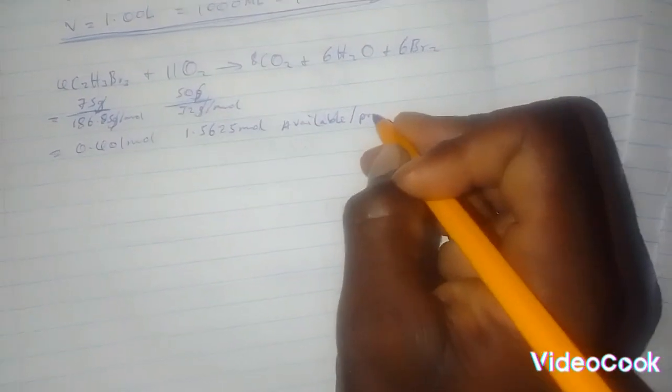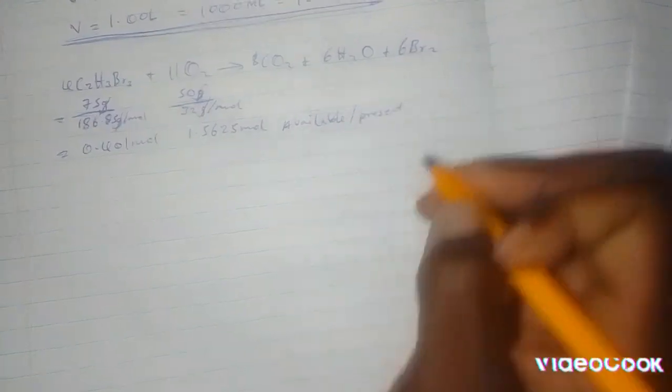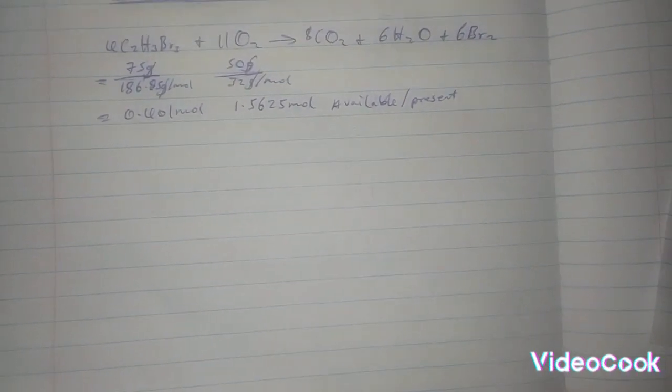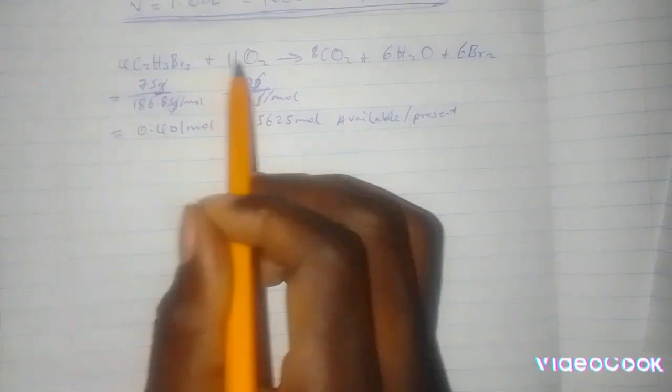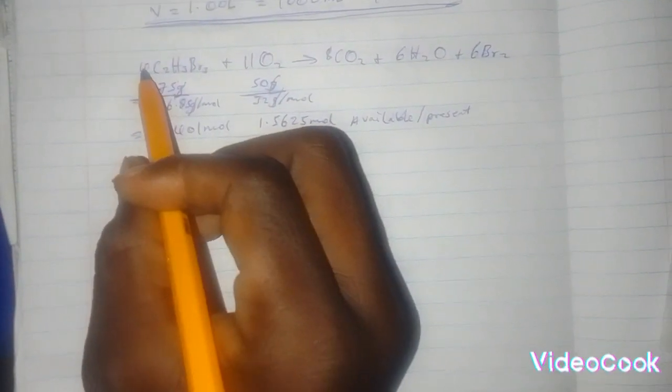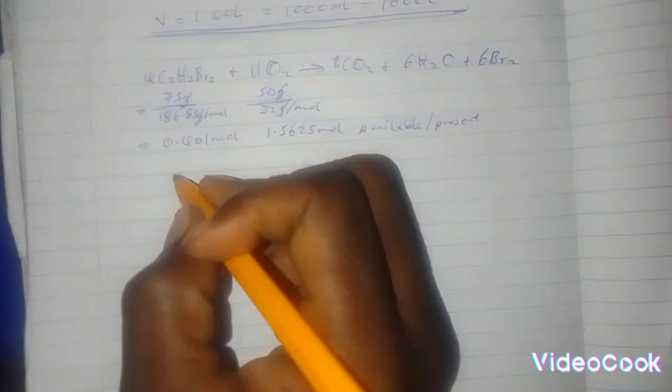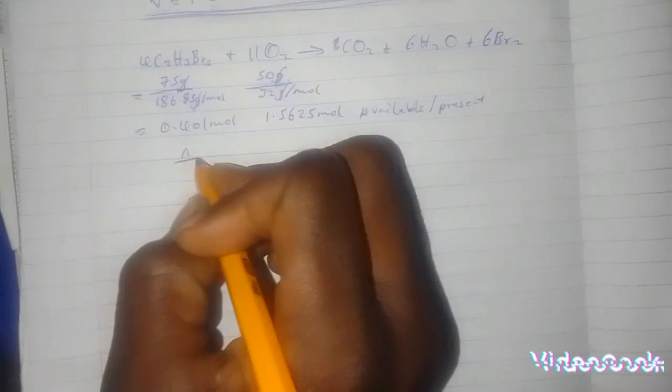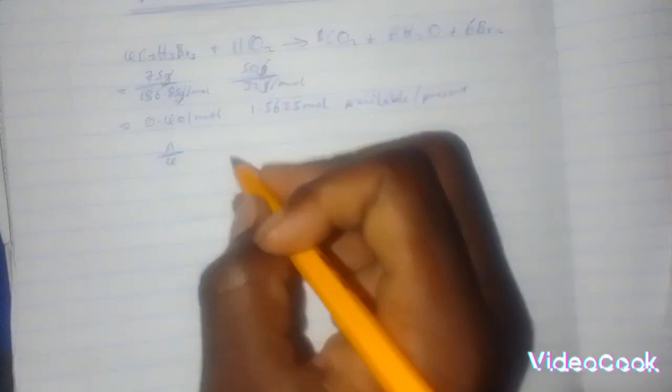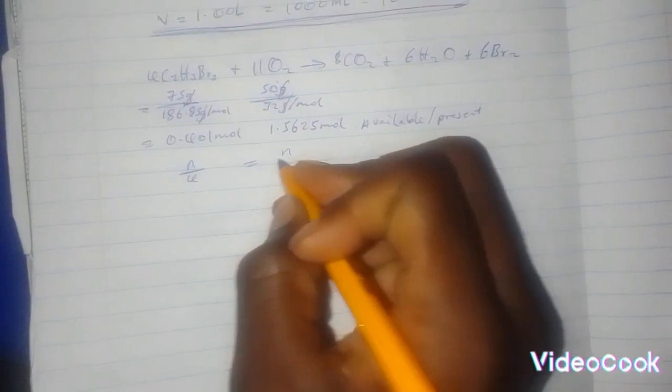Some people will use the word present. The next thing, since I said we'll do the shortcut, we just get the molar numbers. So n over the molar number, which is 4 here, and these two must be equal over 11.